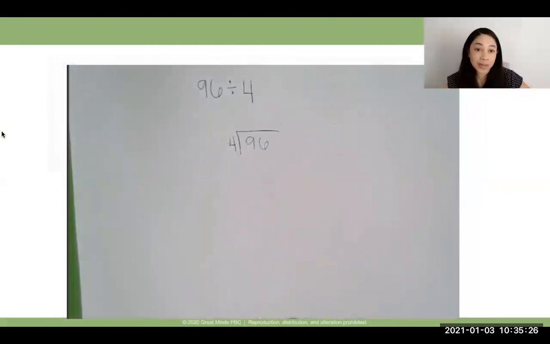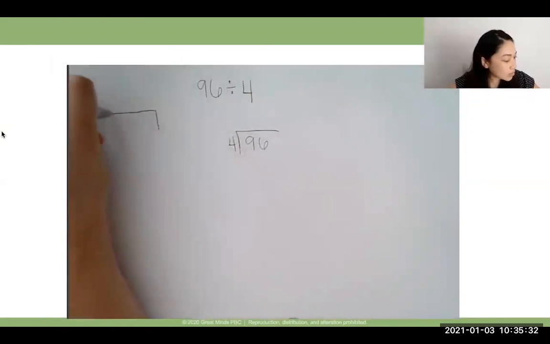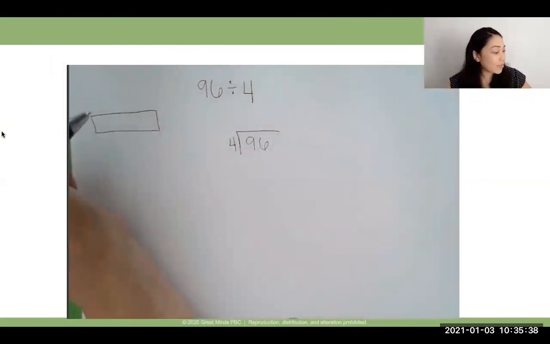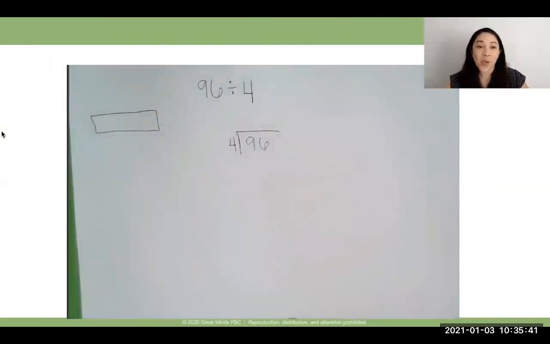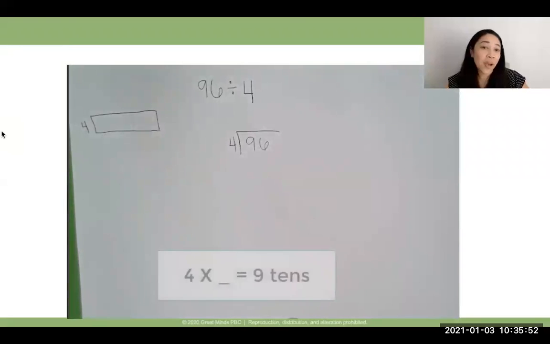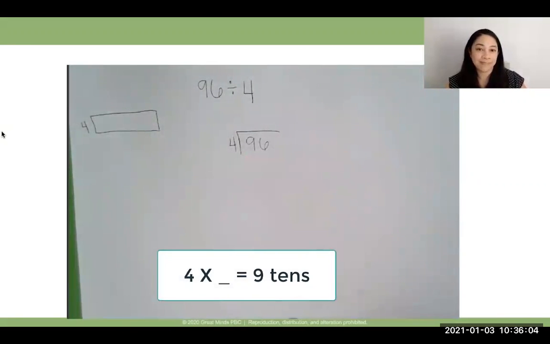The expression 96 divided by 4 can describe a rectangle with an area of 96 square units. We're trying to find out the length of this unknown side. What is the known side width? 4. Four times how many tens gets us as close as possible to an area of 9 tens? 2 tens.